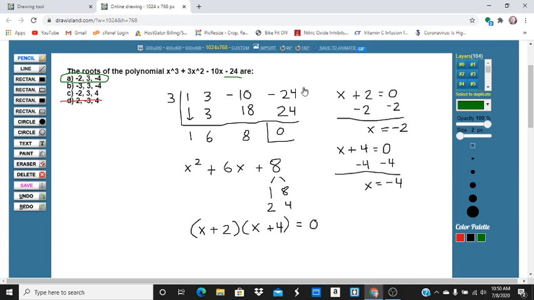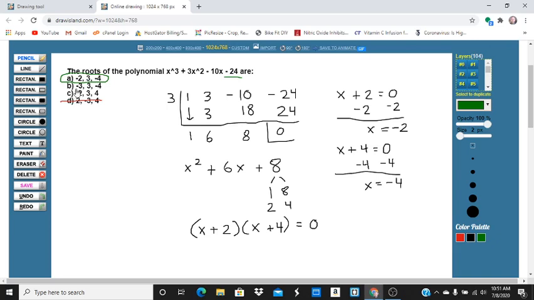But remember, when using the zero product property, if we have a positive 2 here, it's going to change to a negative 2 over here. If we have a positive 4, it's going to change to a negative 4. So since they multiply to a negative number when they are in binomial factors, they will multiply to a positive number outside of them. So if you were going to eliminate answers that way, you could eliminate C and D.